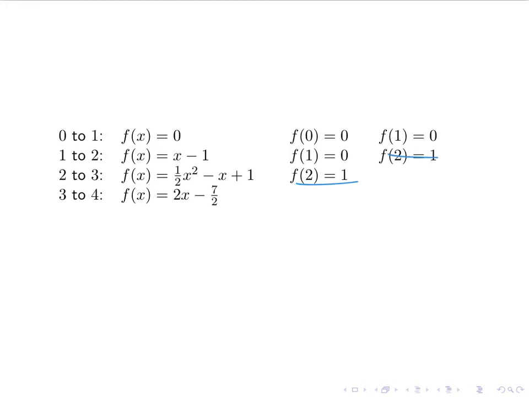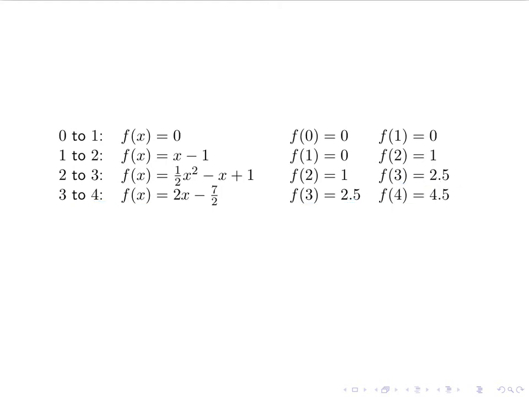And then I plug in 3. So f of 3, I get 2.5. Now again, when I plug in 3 down here, I better also get 2.5. And I do. If I plug in 3, I've got 6 minus 3.5, and that is 2.5. So again, they're matching up, so it's good. And then lastly, I'll plug in 4, and I get 4.5.